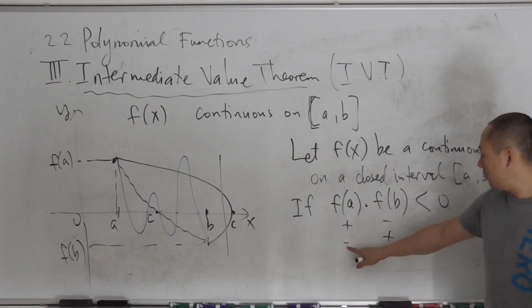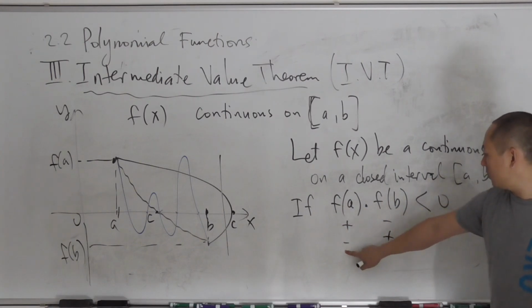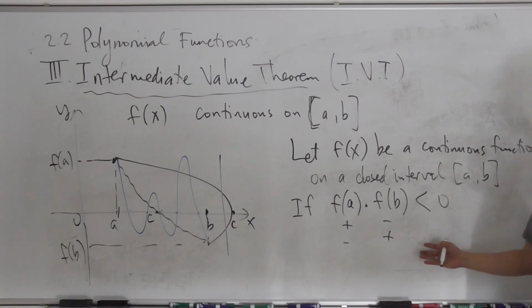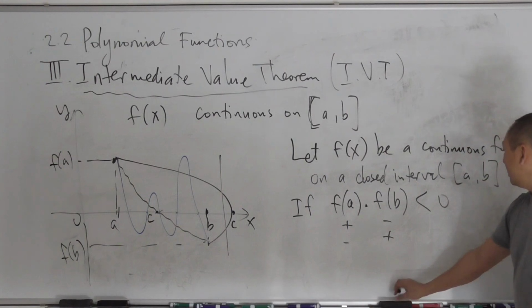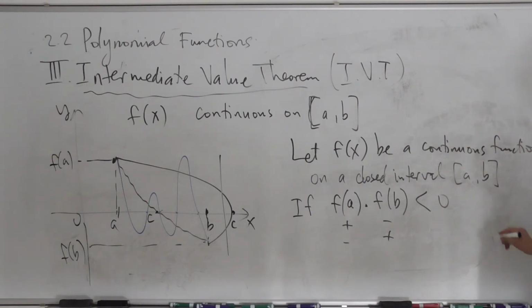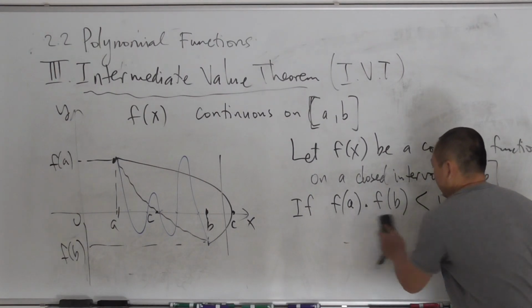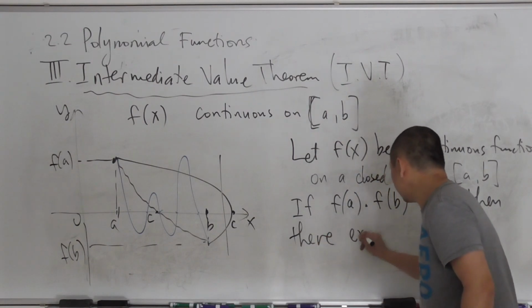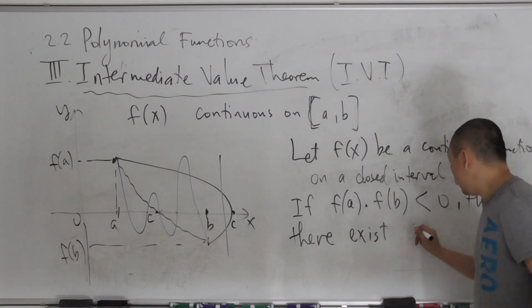And the other way around, negative positive means what? F of A is below and f of B is above. So by writing that way, I'm covering both cases at once. If f of A times f of B is equal to a negative number, then there exists a number C.